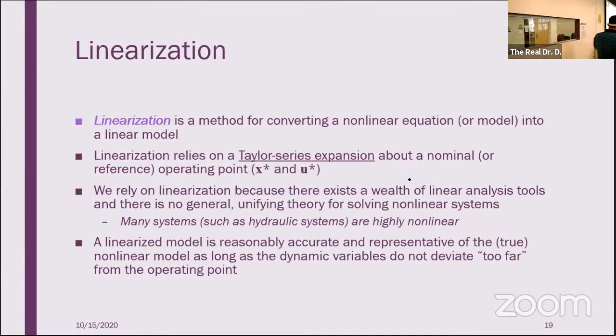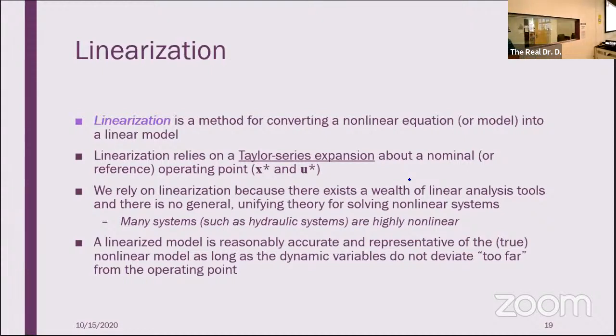It relies on a Taylor series expansion about some reference point or nominal point that we're going to call x star or u star. So there's some nominal state x star that we are trying to stick around, and there's some input u star that gets us to that state.